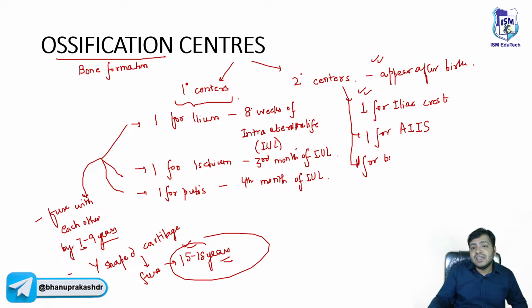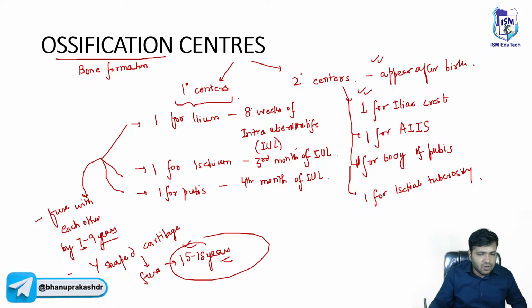अब मुझे बताने की जरूरत नहीं है anterior inferior iliac spine कहाँ होता है. You guys are very well aware कि ये सारे parts कहाँ पे हैं. One for body of pubis and one for ischial tuberosity. Right? Now, these all appear at puberty.